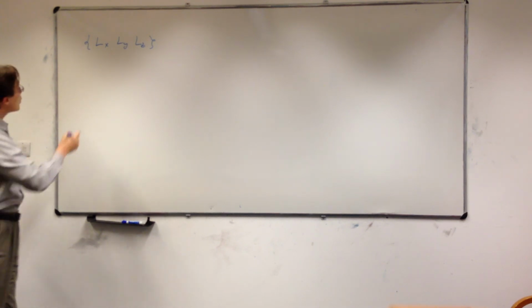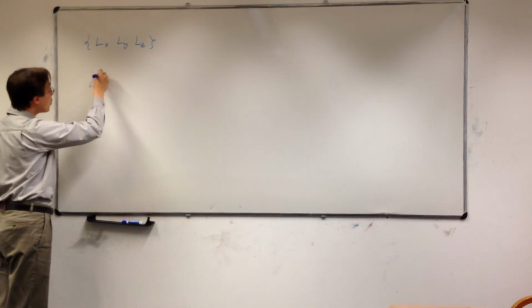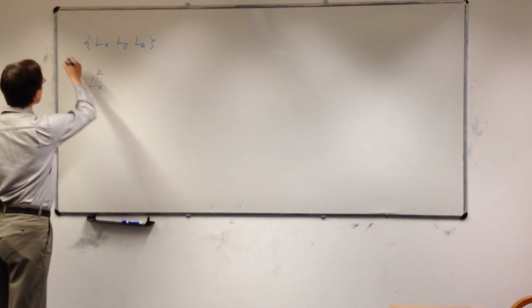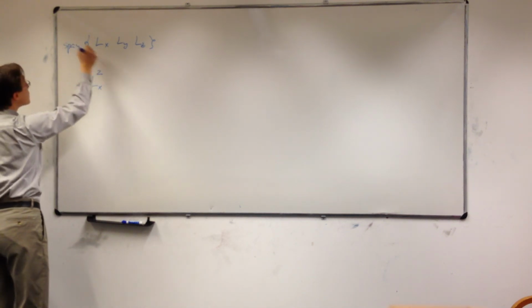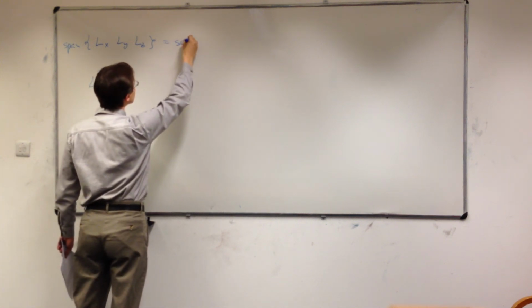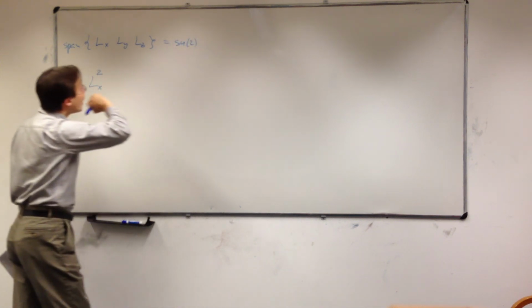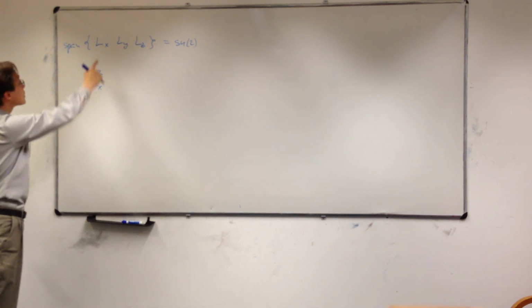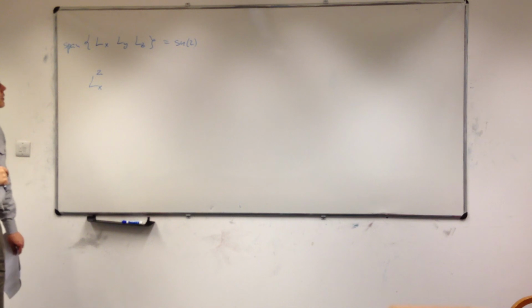Now, the problem with things like Lx squared is it really doesn't have any place to live inside SU2, because SU2 is spanned by these, and their commutators, and of course their commutators are themselves.